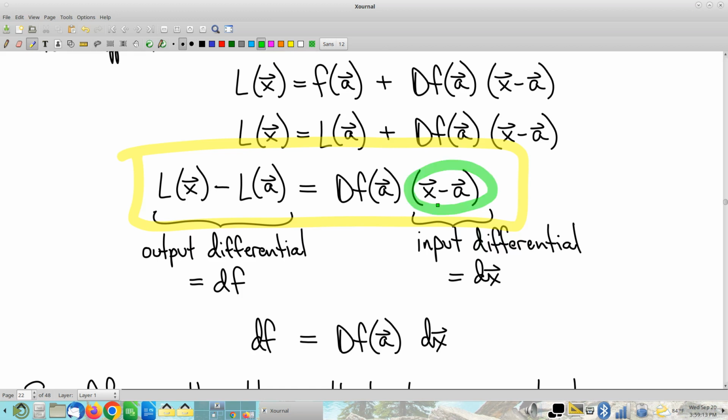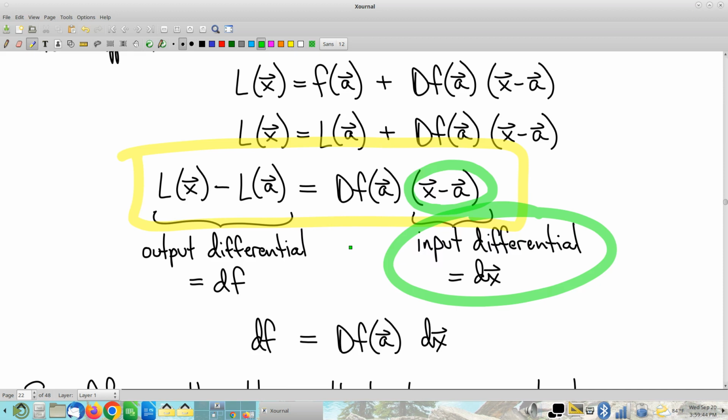This factor here, x minus a, that's literally how much I'm changing the input to the function, from the point where I'm doing the linear approximation to the point where I'm evaluating the linear approximation. I was here, now I'm here. This is literally how much I moved in the domain. This is what we call the differential. I like to call it the input differential to emphasize this is the differential that's going in here.